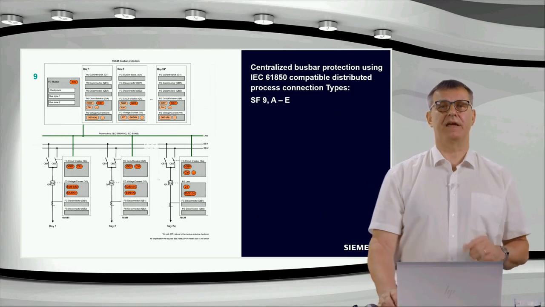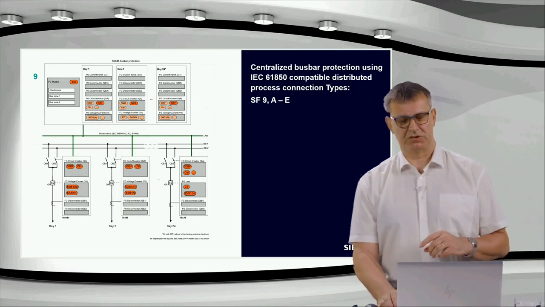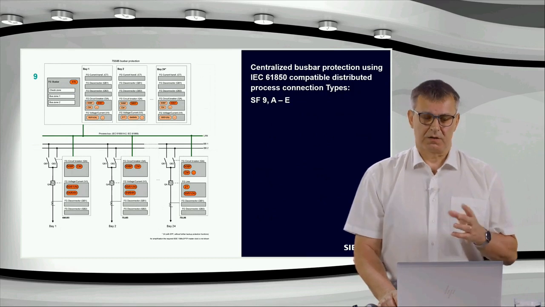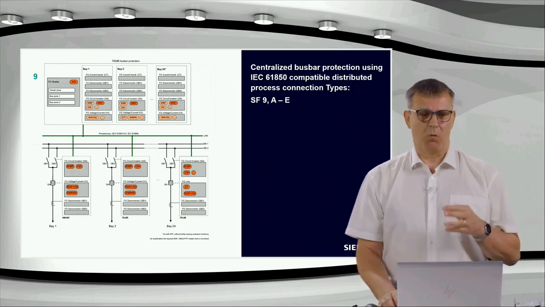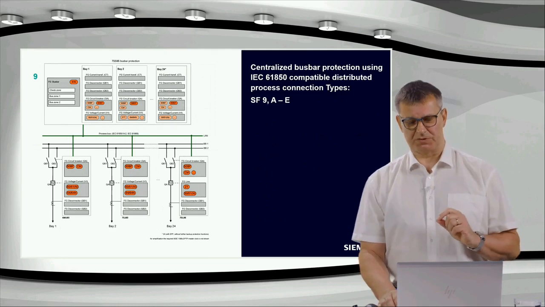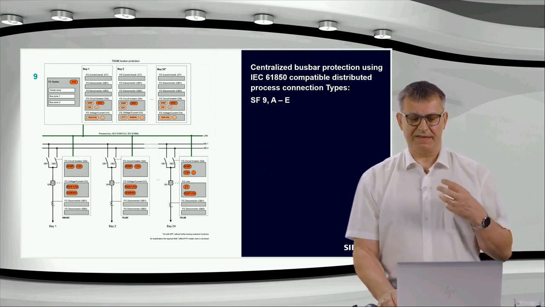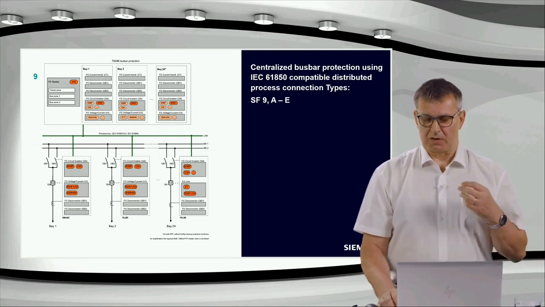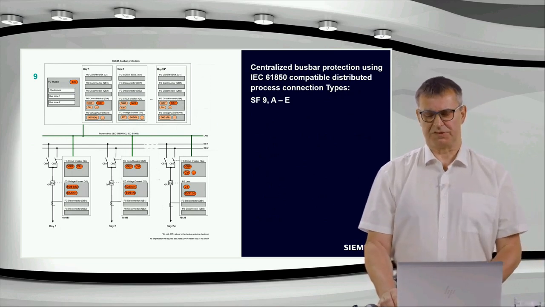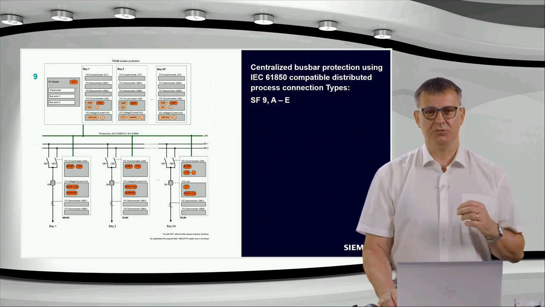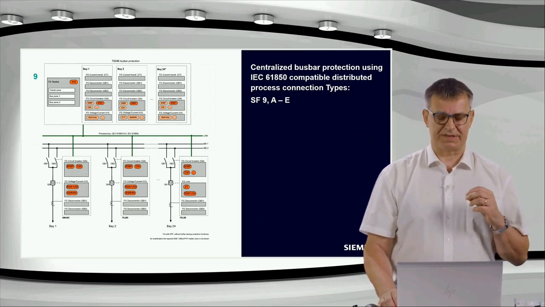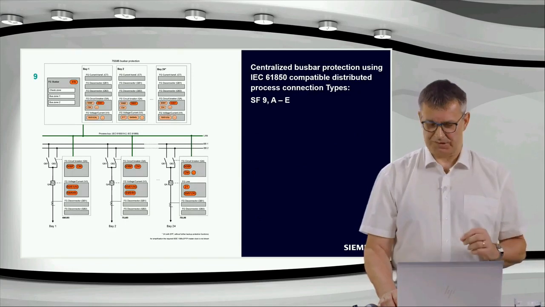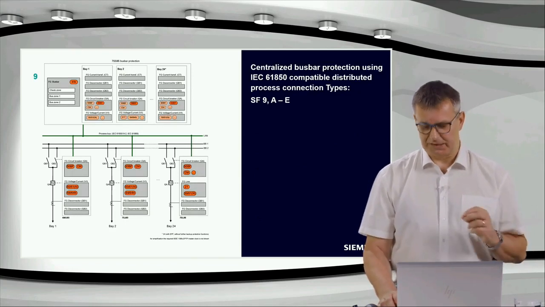Based on this type, we have our first type of distributed busbar protection. We call it the IEC 61850 compliant distributed busbar protection, with compatible distributed process connections. Essentially, this type uses the same significant feature 9 and A to E as the centralized busbar protection.